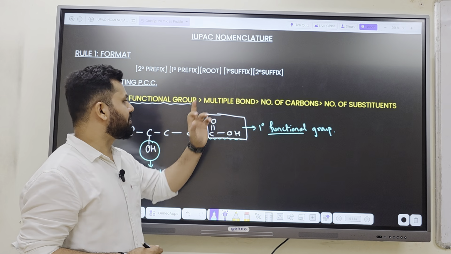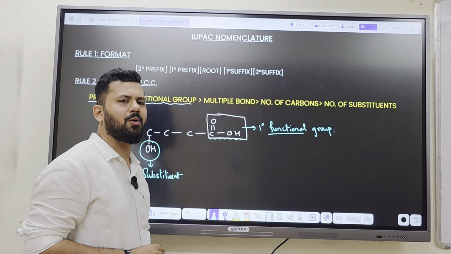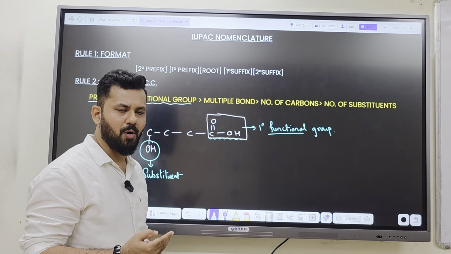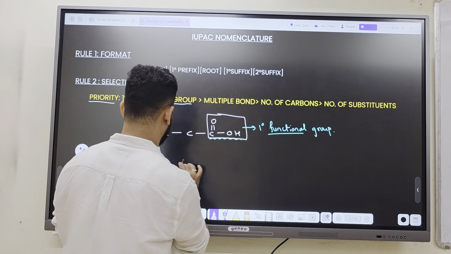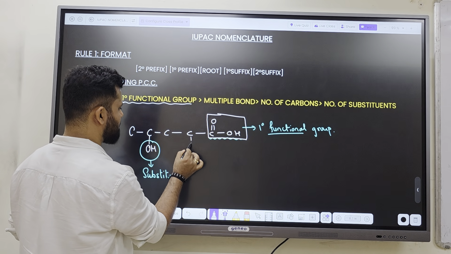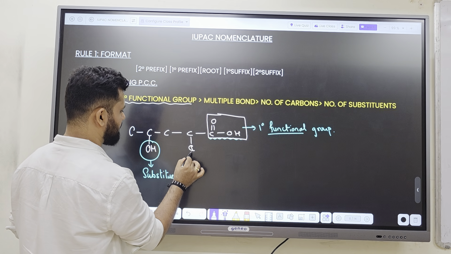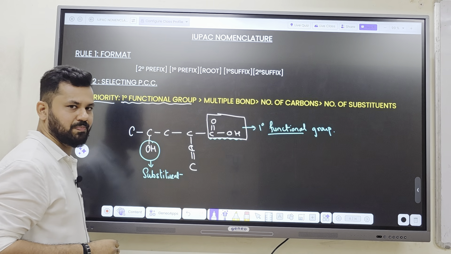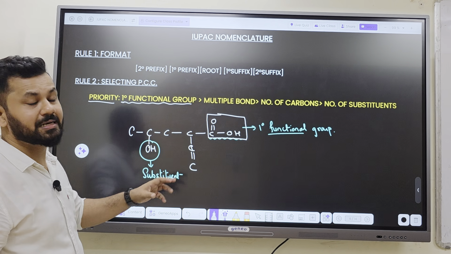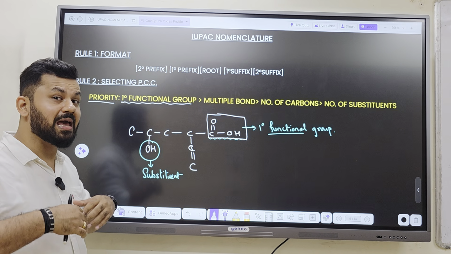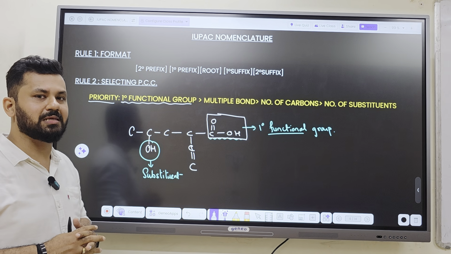The second is the multiple bond. Multiple bond would be our double bond or a triple bond. All right. So, for example, let me extend this one and put here C double bond C. You have to make sure that the selected parent carbon chain has as many double or triple bonds as possible.